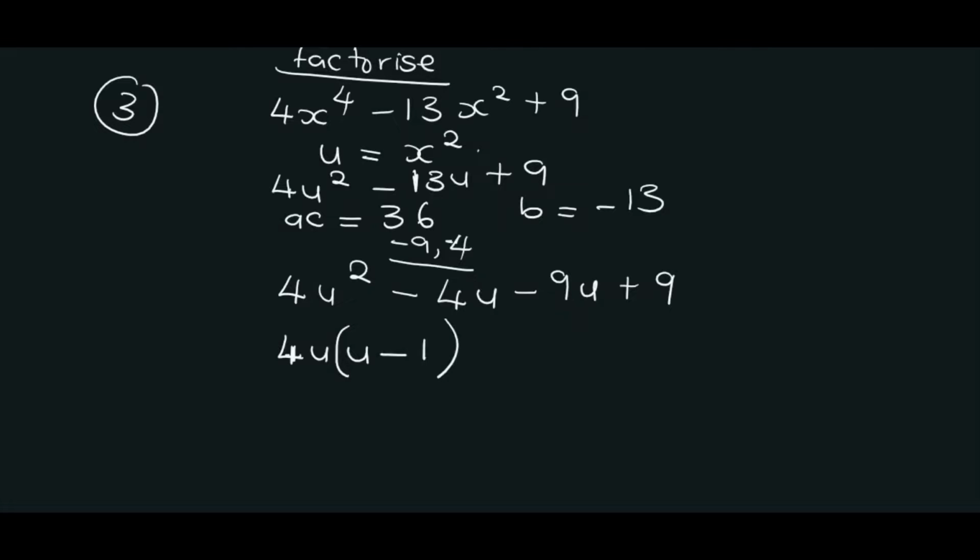Here, because we need u minus 1, we have to get a minus 1, so we can write minus 9 into, and then minus 9 into u, we get minus u. Minus 9 into 9, we get minus 1 bracket.